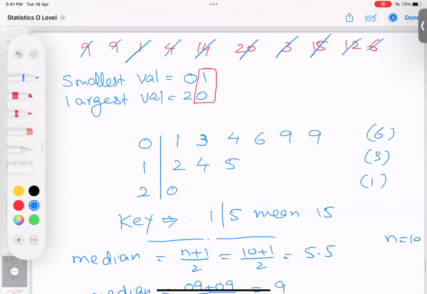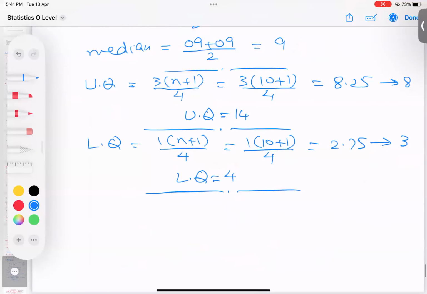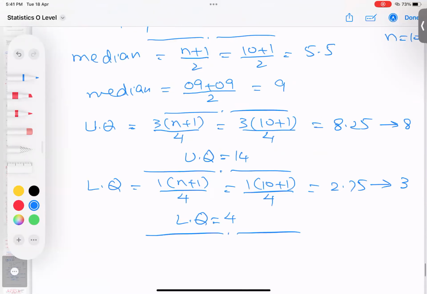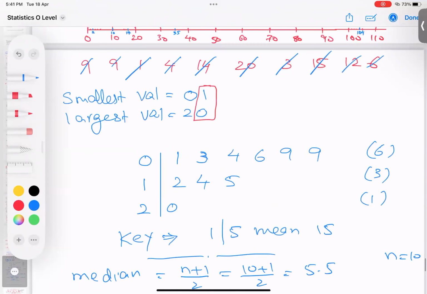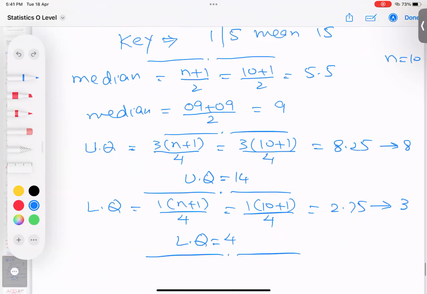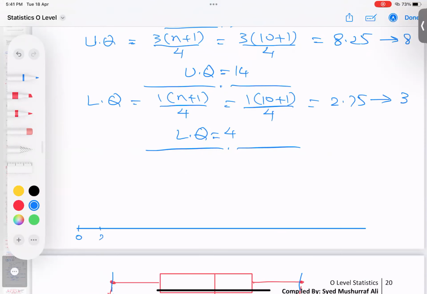Now I'm going for the box and whisker plot. For a box and whisker plot, I need a scale diagram. The lowest value is 1, the highest value is 20. So if you make it 0 to 5, 10, I think it's too small.